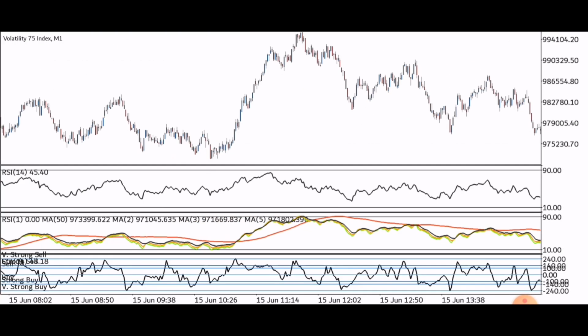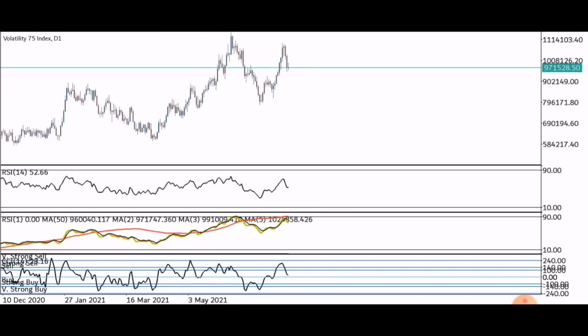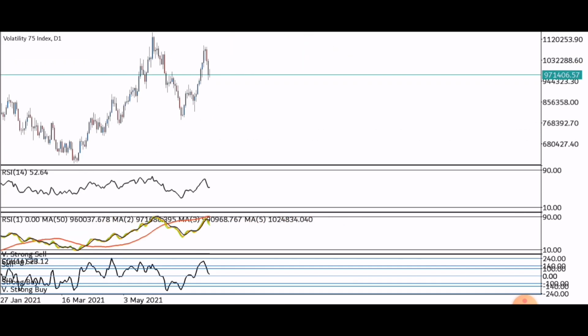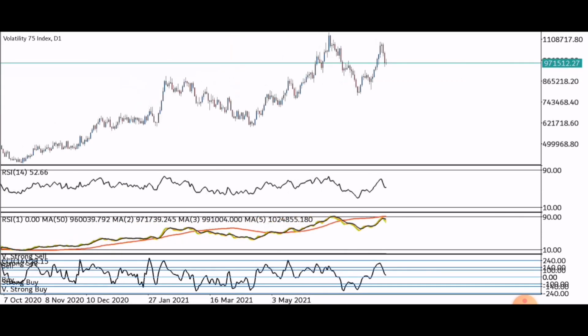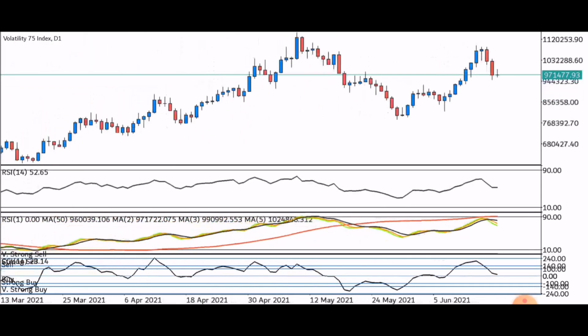Before you start trading any asset, it is recommended that you see the asset on the daily time frame and have a hold of what direction the market is going. As you can see on this asset, the price is on a downtrend, right?